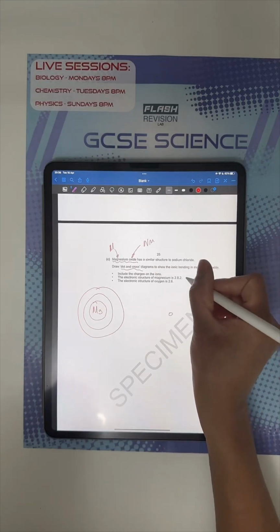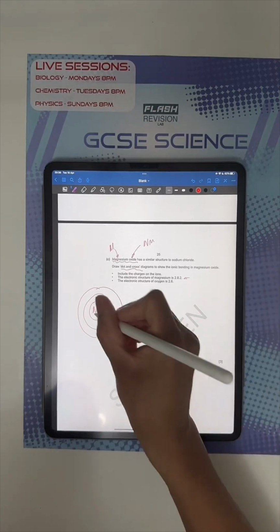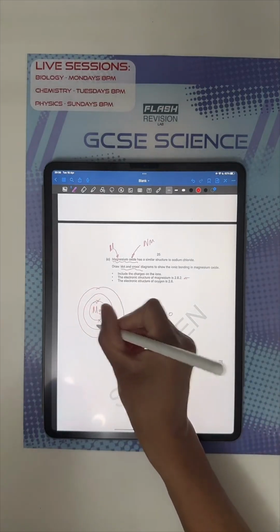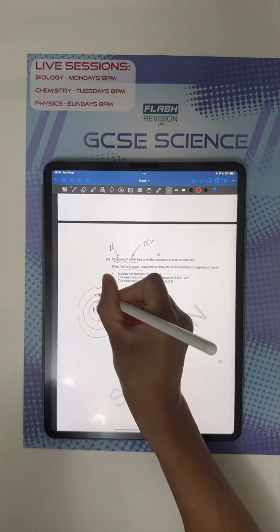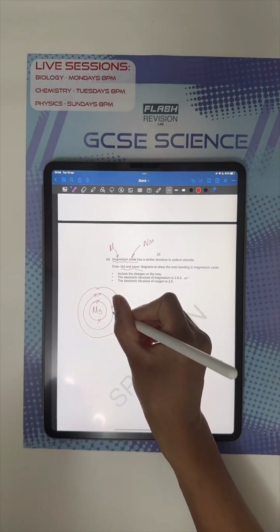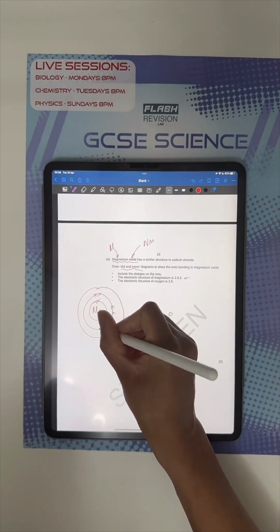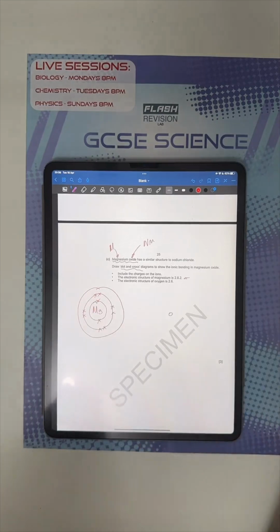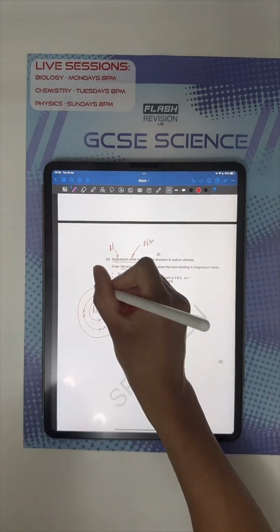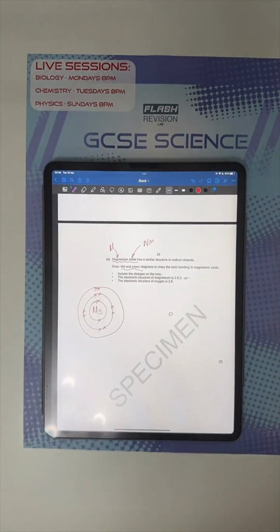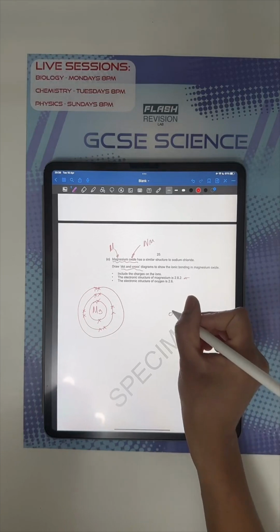So they've given us the electronic structure here. It's 2, 8, 2. So that means the first shell has 2. The second shell has 8. And the third shell has 2. Okay, this isn't the final answer, by the way. I'm trying to show you how to get to the final answer.